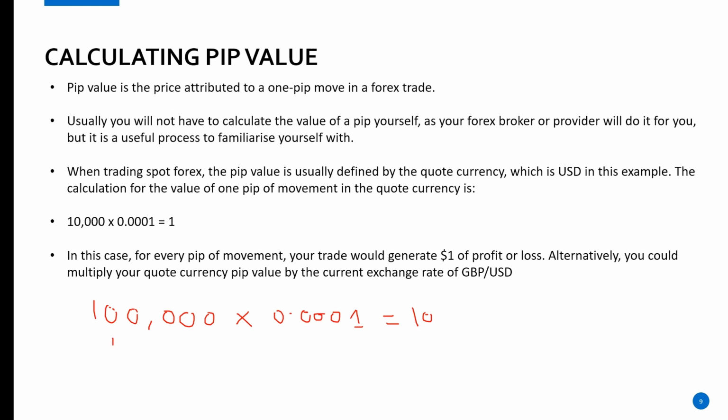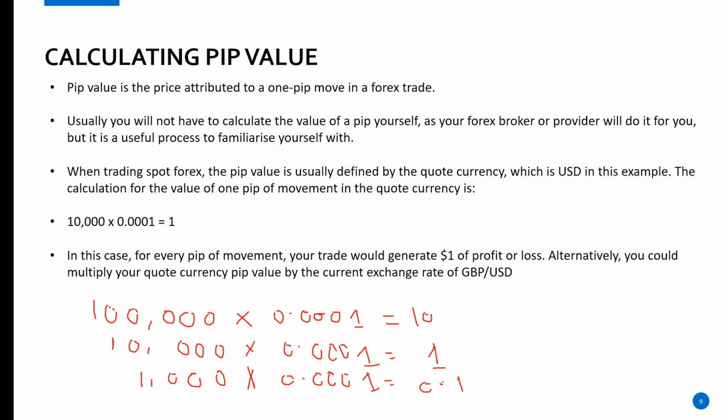For a mini account, I'm taking 10,000 and multiplying that by the same 0.0001, and I'm getting 1. For a micro account, I'm taking 1,000, the full lot size for a micro account, and multiplying that by 0.0001, and I'm getting 0.1.